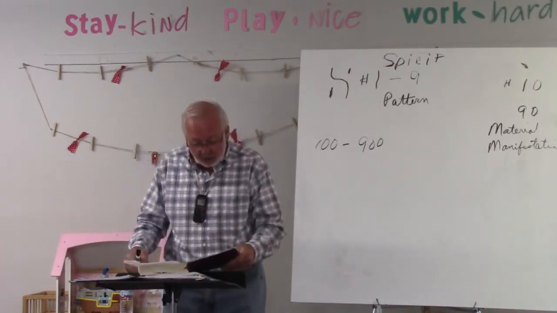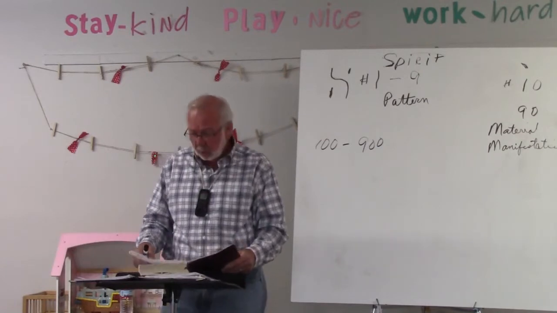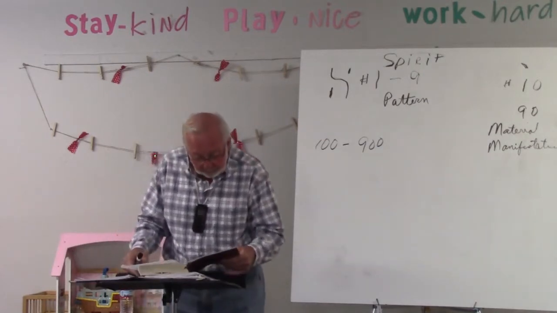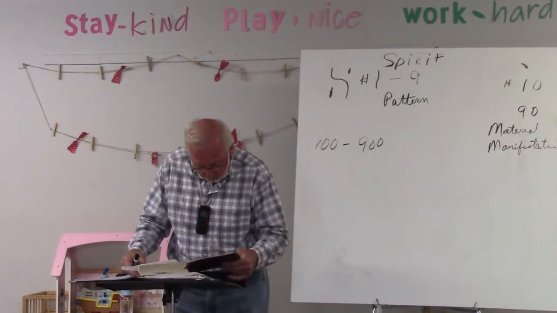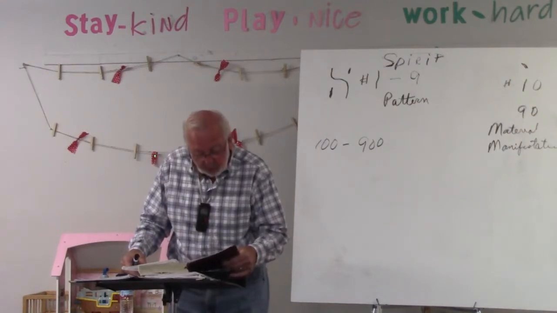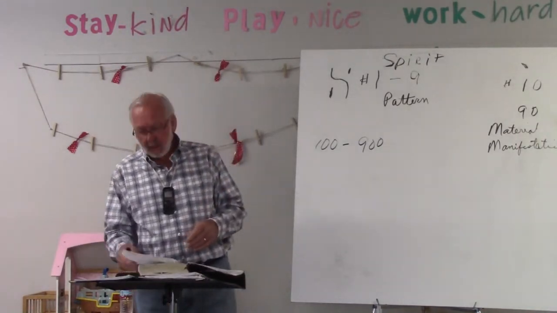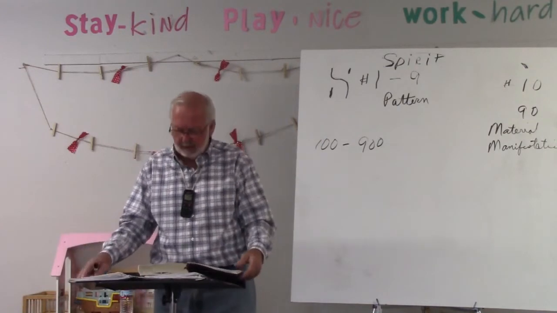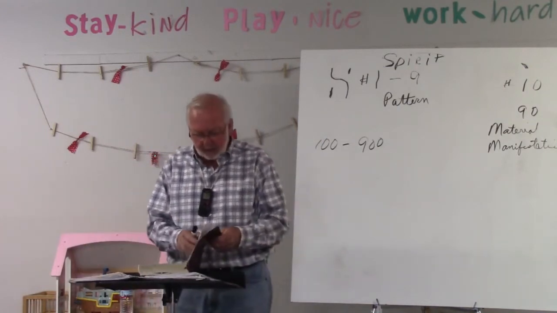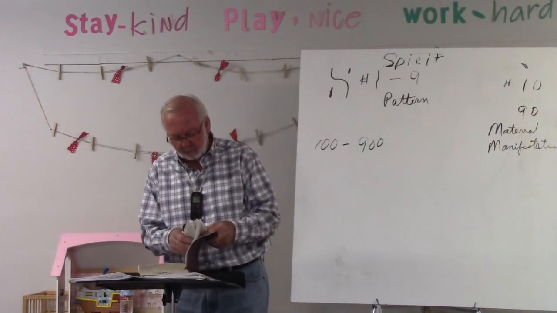And right here, Genesis chapter 4, I want you to look at something with me. Verse 3 says, and in the process of time, in the process of time. Hold your finger right there and just flip to the first chapter of Genesis.